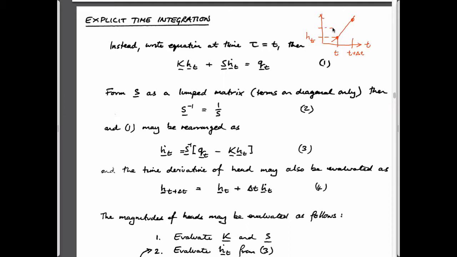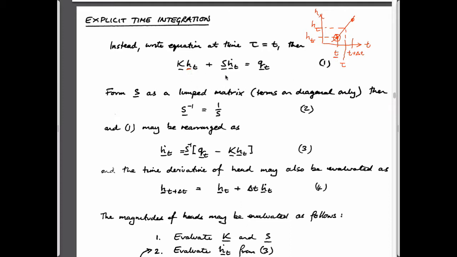Of course, we can write the head at any particular value that we can call tau. We mentioned that last time, and that represents some time that we'll also call tau rather than t. So this is the point here. We can write this equation at tau at any particular point. We're going to choose to write it at this particular location now, in which case it's written at time t.